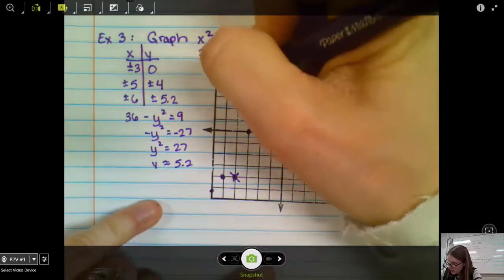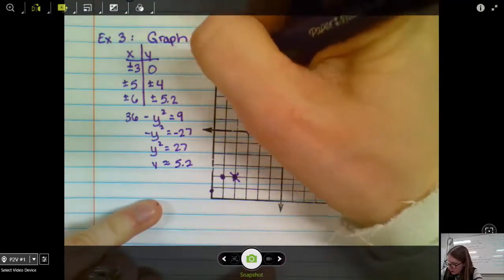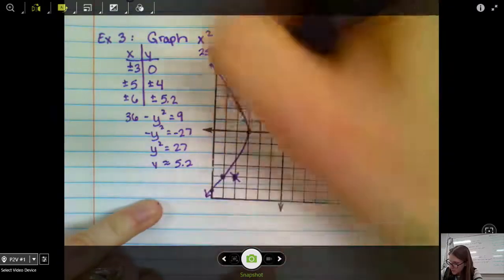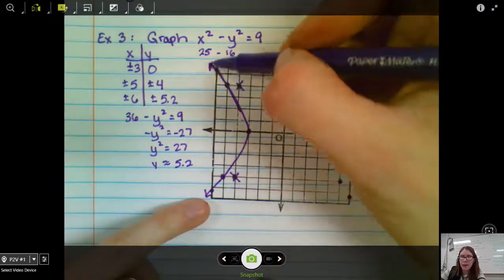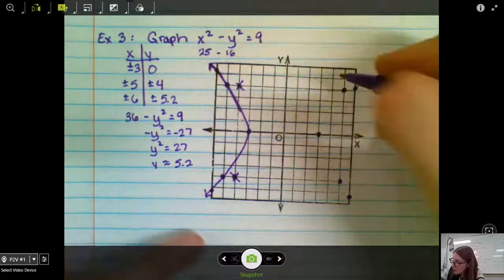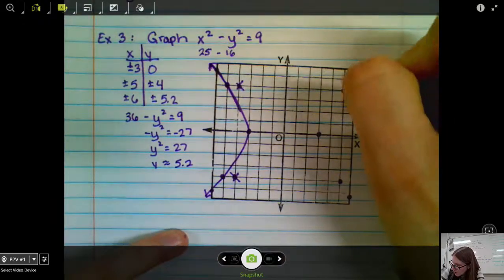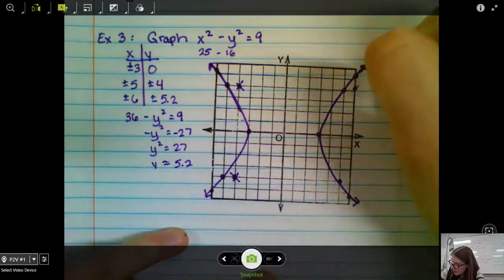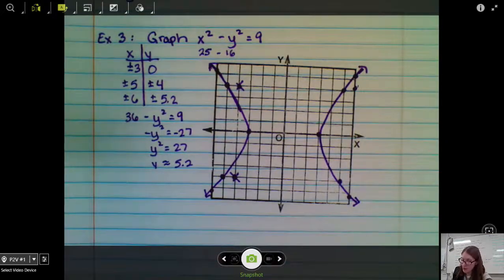And that helps us to see a little bit better what our graph is doing. And our graph is going to keep going forever in this left direction, and same thing on the right here. We'll keep going forever to the right. This is what we end up with. So this is a hyperbola.